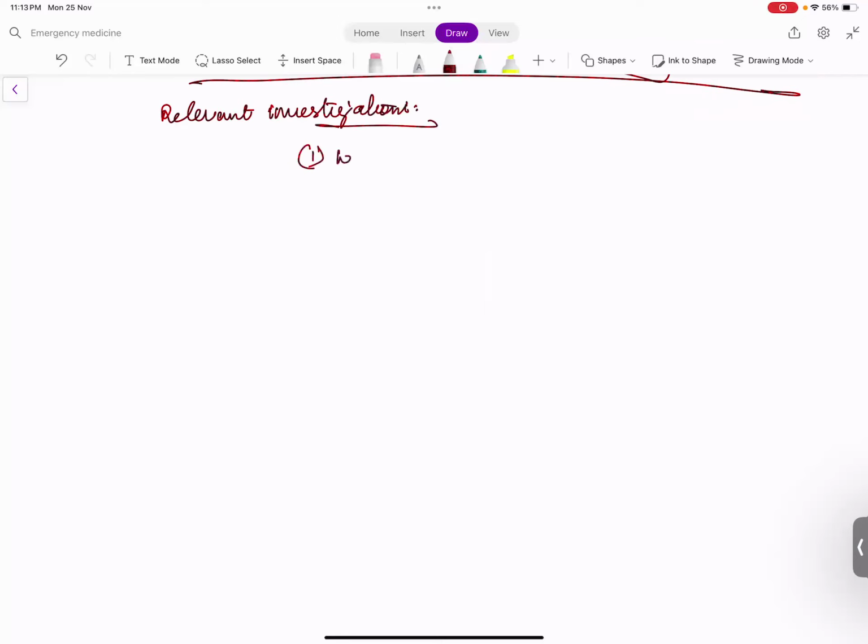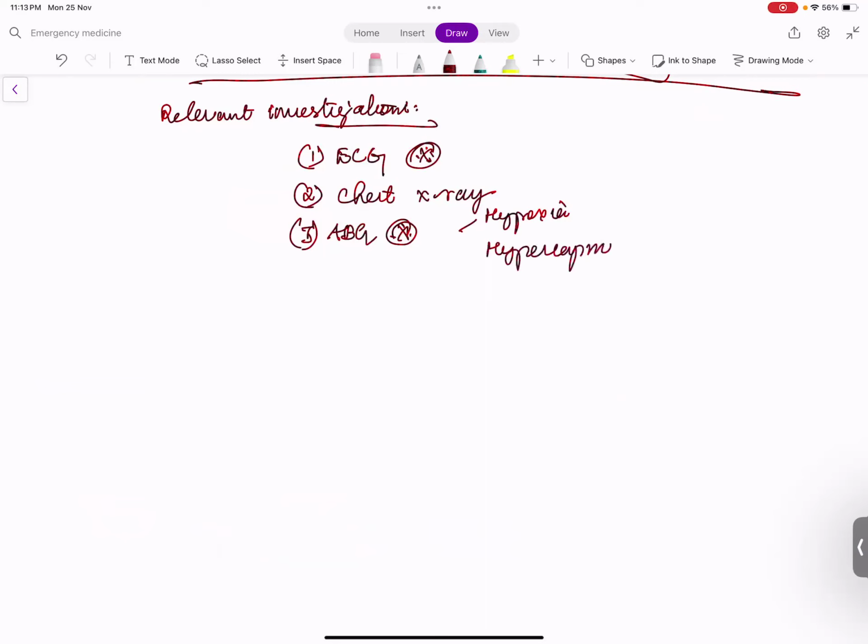Obviously, any patient with respiratory distress, ask for an ECG, whether it is cardiac or non-cardiac. Next thing is chest X-ray, bedside chest X-ray. It can identify most of the things. Third thing, definitely do an ABG, acid-base gas analysis. It can find out hypoxia, it can find out hypercapnia, type 2 respiratory failure.